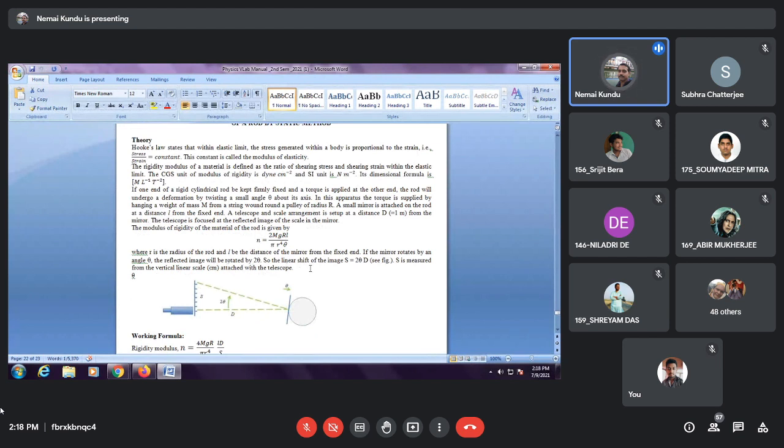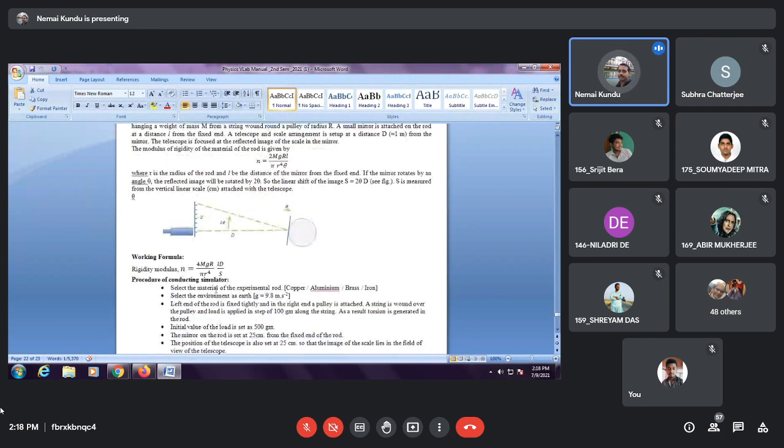So the linear shift of this image S is equal to 2 theta D. So replace this theta by S by 2D.